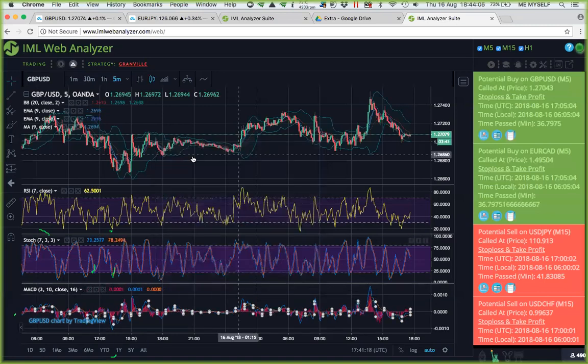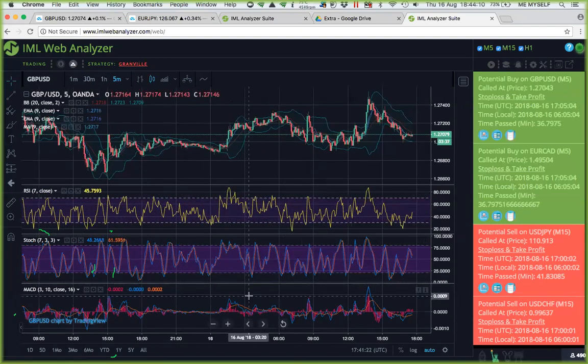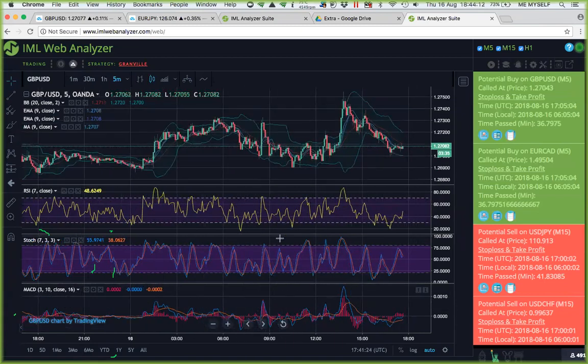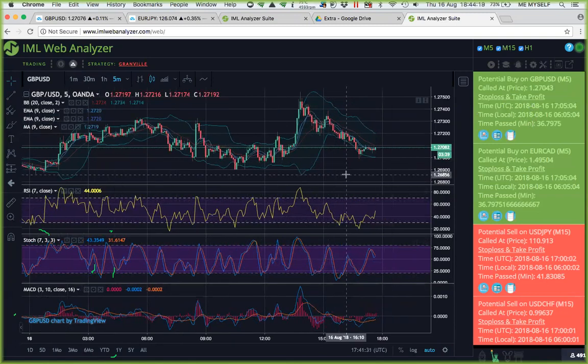Now, I use the RSI and the MACD to help me spot divergence in the market, and I use this stochastic to help me with cycles.